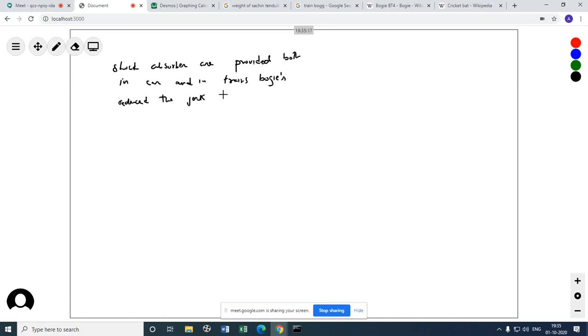Jerk is nothing but the impact force, the impulse, by increasing the time interval to collect F.